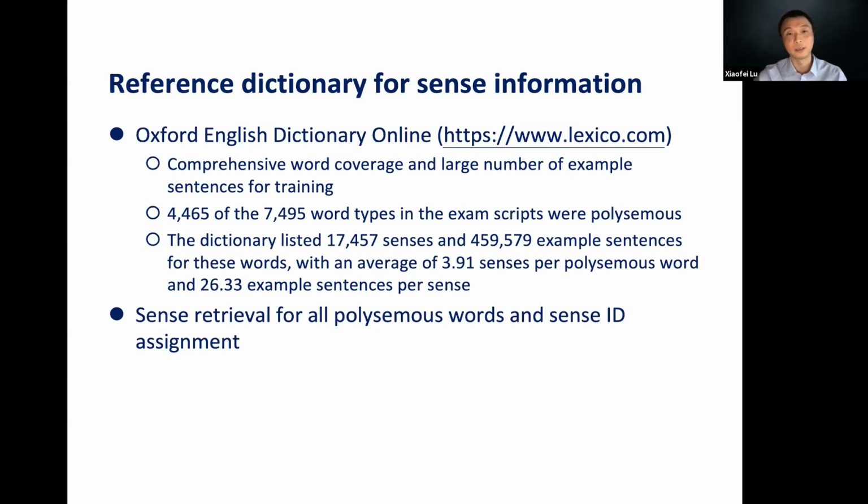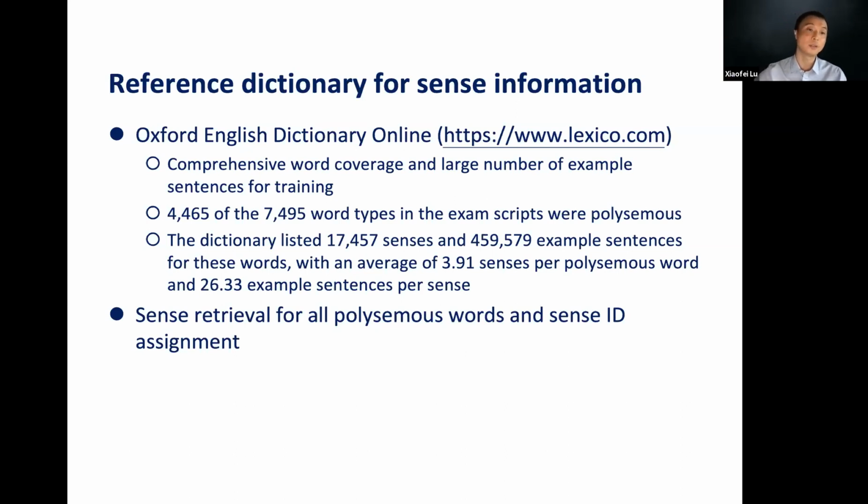We found that in our learner corpus, 4,465 out of the 7,405 word types were polysemous, based on an analysis of the entries in the reference dictionary. The other words would be numbers, function words, determiners, things that at least the dictionary doesn't consider polysemous.